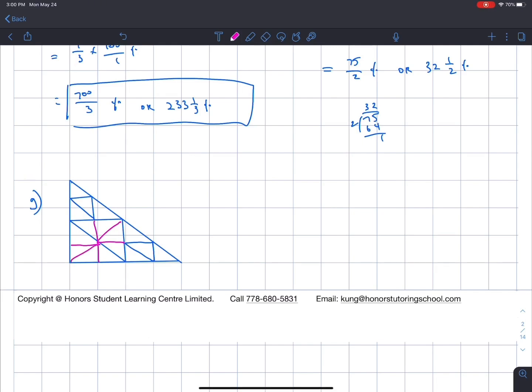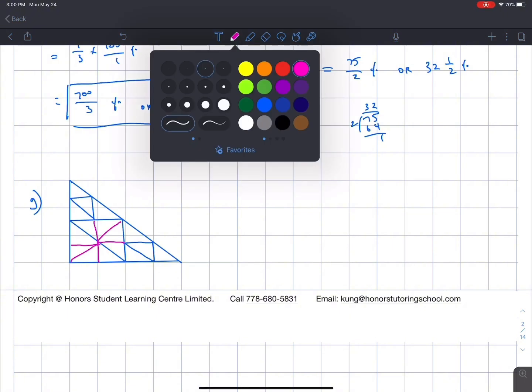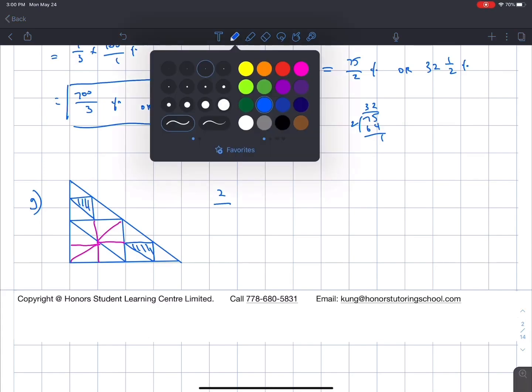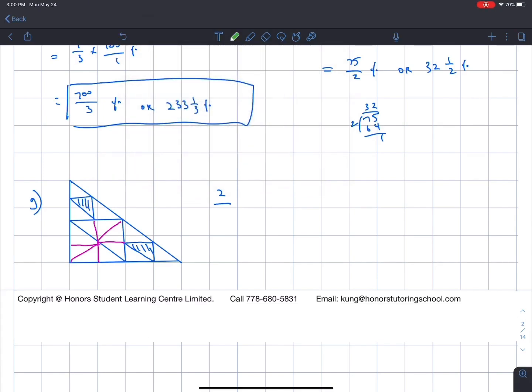Okay, so now they should all be equal in pieces. And we can count. That's 2 out of, let's count. 1, 2, 3, 4, 5, 6, 7, 8, 9, 10, 11, 12, 13, 14, 15, 16. So that's 2 out of 16.